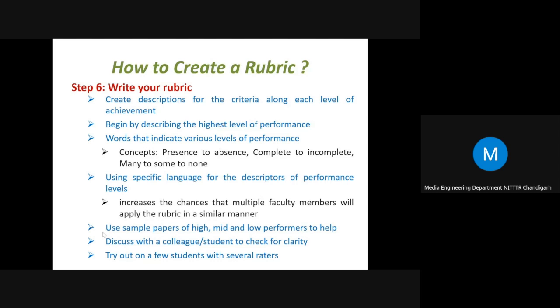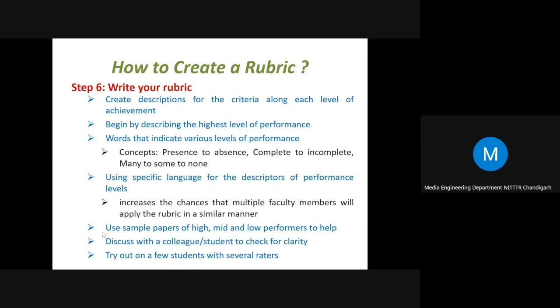Or we can use sample papers of high, mid, and low performers to help the designer, the evaluator who is going to write the performance description. They will be able to write performance descriptions that best describe the highest, middle, or low levels using the performance of the students.